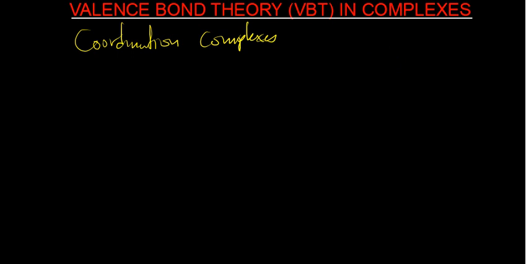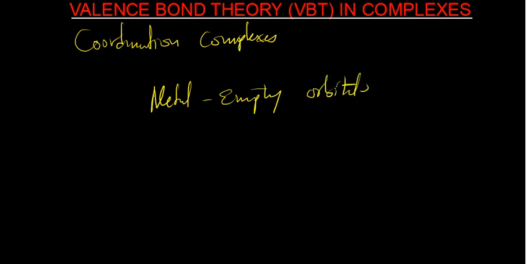When you're talking of coordination complexes, you've got a metal, and this metal has empty orbitals. It is going to react with another substance which we call a ligand, and this ligand is going to, let me not use the word donate, is going to share its electrons.